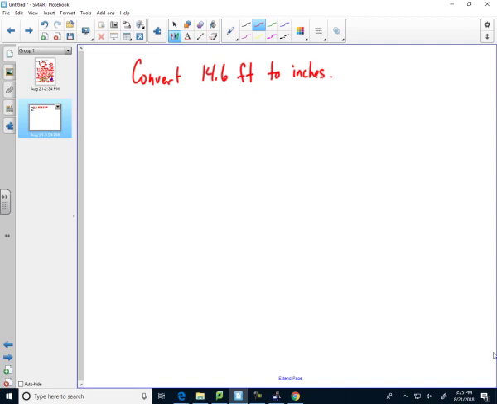Now, a little hint here. There's going to be 2 steps here. There's 2 parts to this. First, deal with the 14, and then we'll deal with the 0.6. So, remember, what do you know about feet and inches?